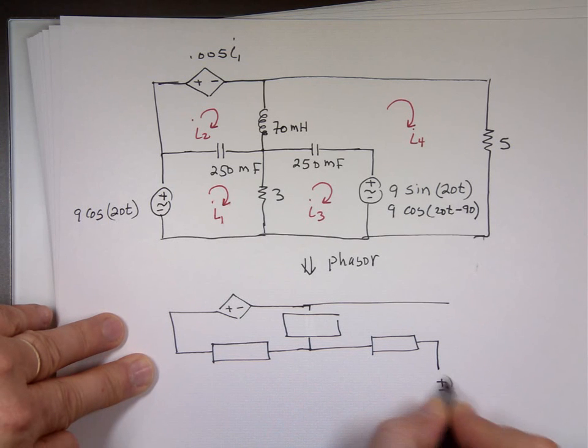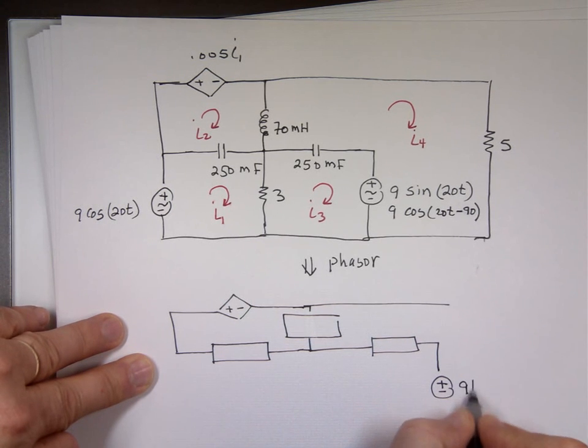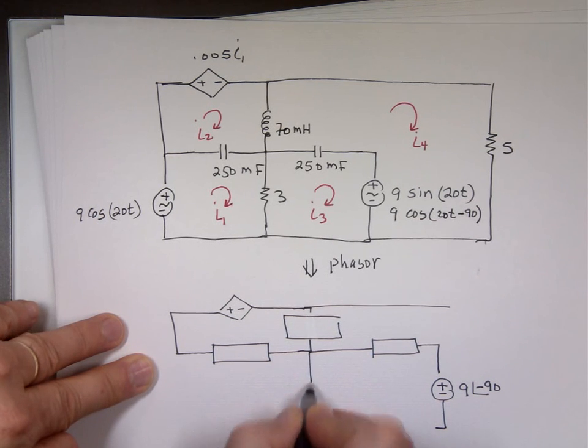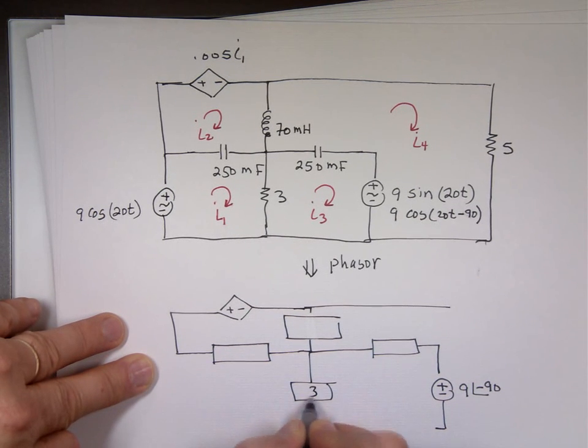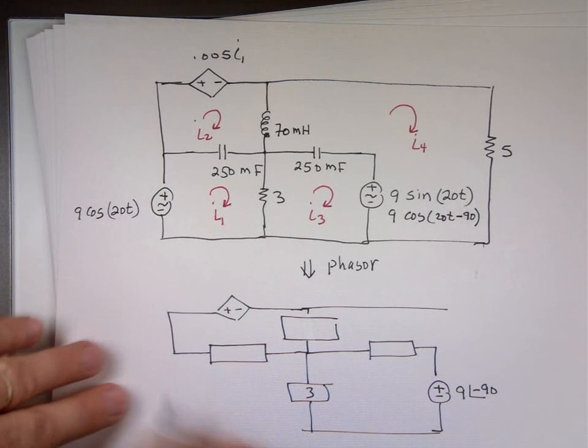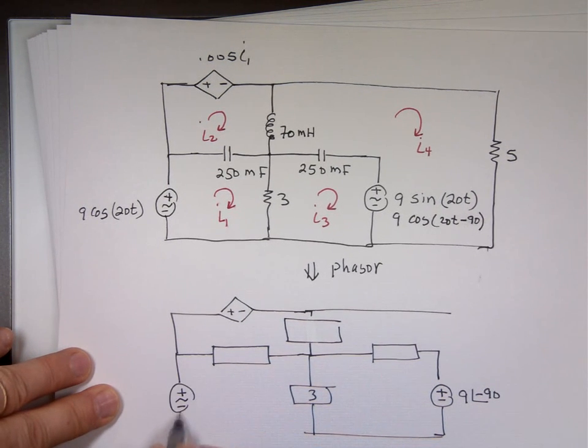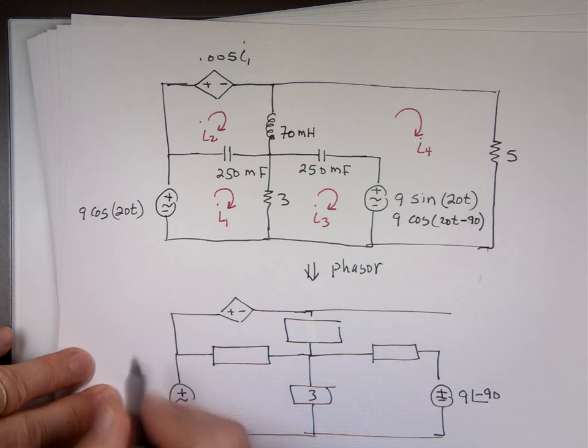This will be 9 angle negative 90. This will be 9 angle 0.